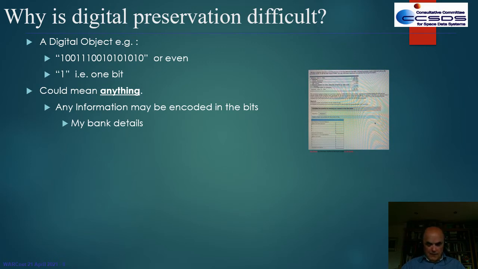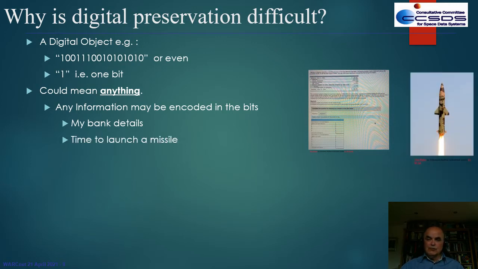There may be, for example, some sort of code book which tells me that when I see this particular pattern up there, it means launch a rocket, or go to my office and take out the document on the top shelf, or it may be used by some software on my computer to draw a line on the screen, or pretty well anything else.